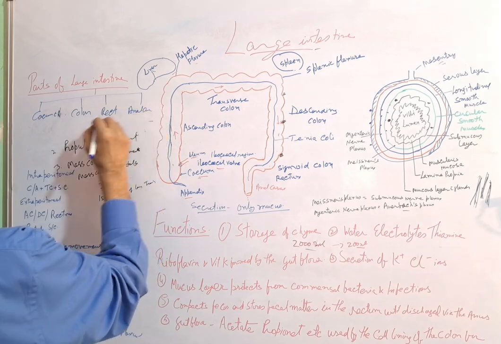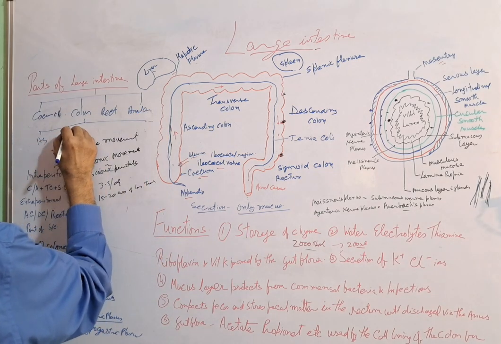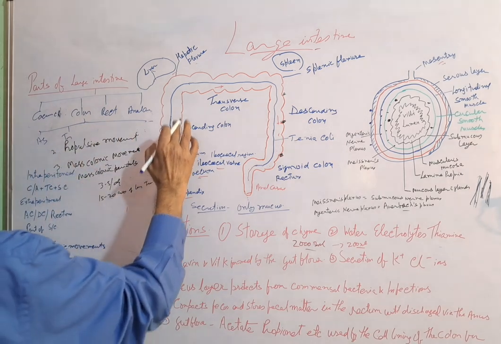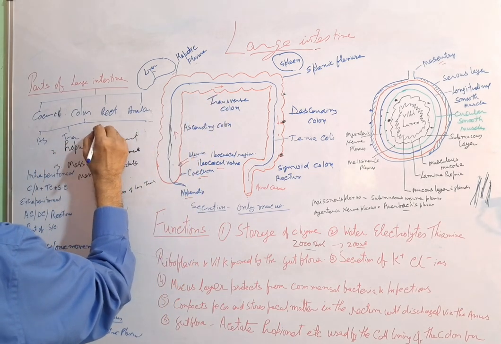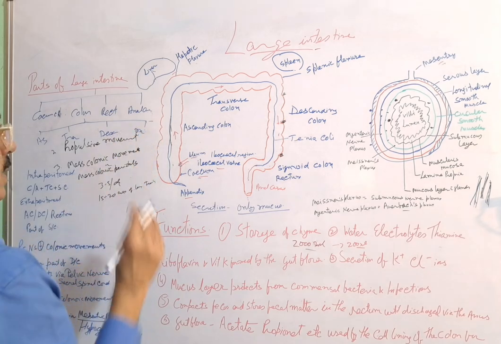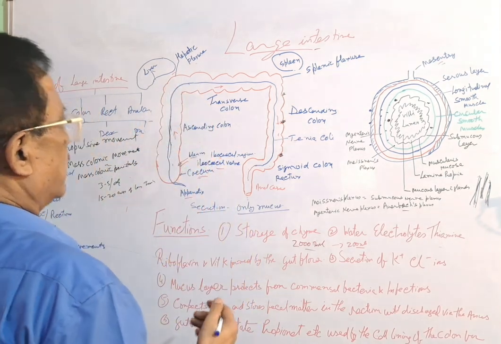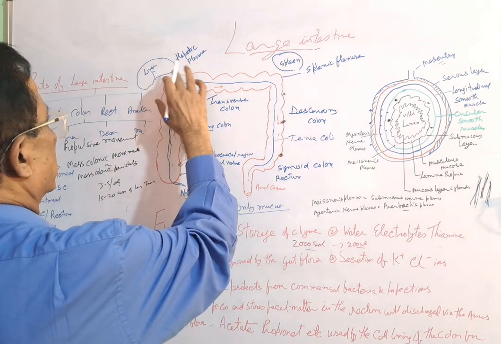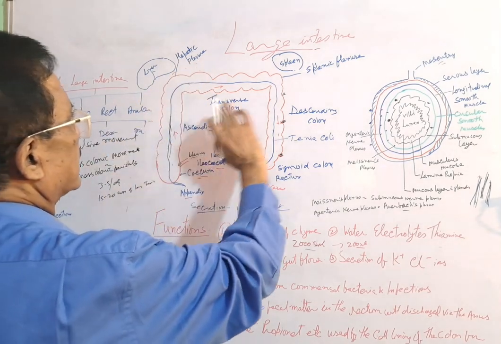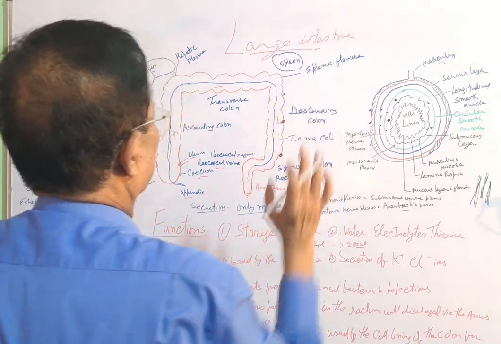Okay, the colon is divided into four parts: ascending colon, transverse colon, descending colon, and sigmoid colon. Okay, at this flexion, the liver is present, and this is known as the hepatic flexure. On the left side, it is the splenic flexure.